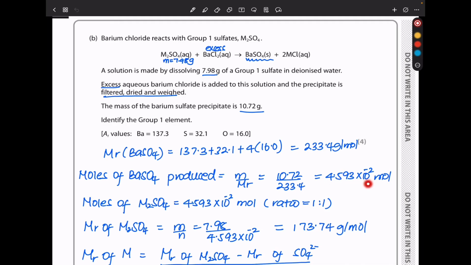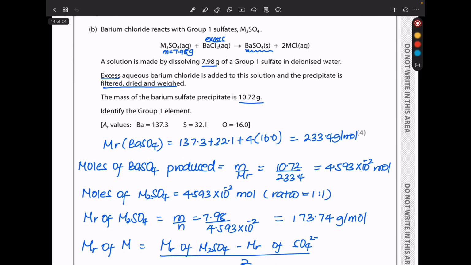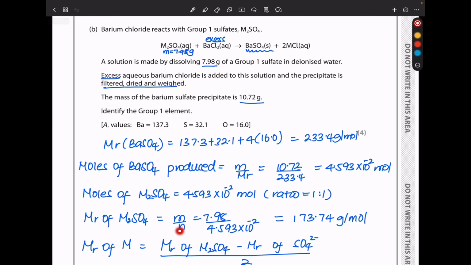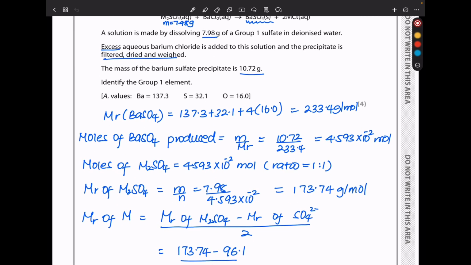Using this number of moles, the mole ratio of barium sulfate to M2SO4 is 1:1. So the moles of barium sulfate and the moles of the metal sulfate are going to be the same. Now we can work out the MR of the metal sulfate, which is going to be mass divided by number of moles, giving me 173.74 grams per mole.